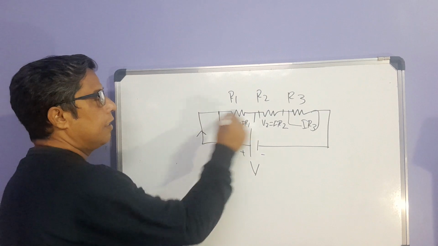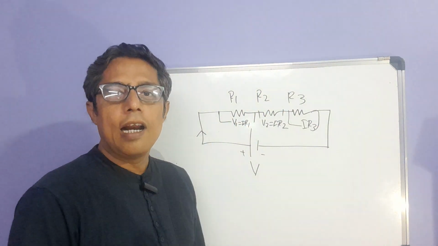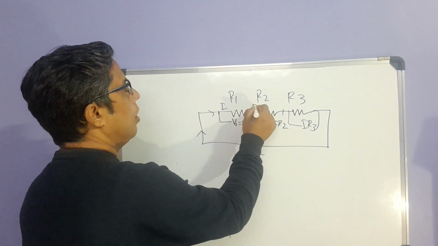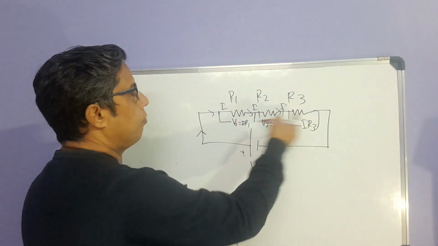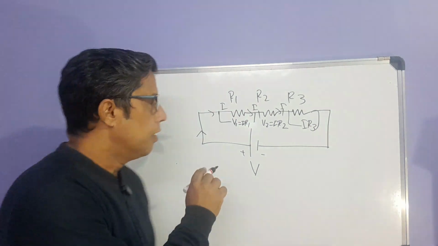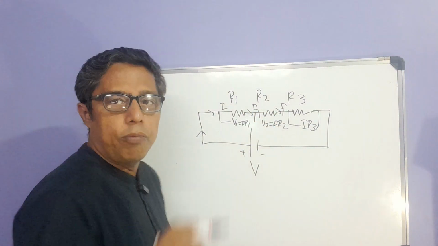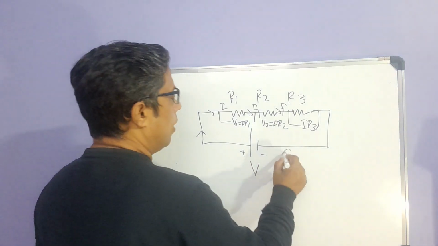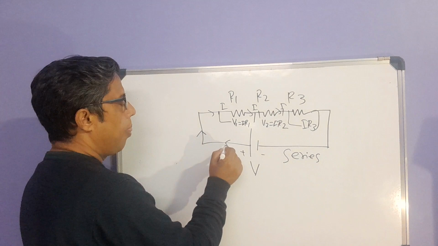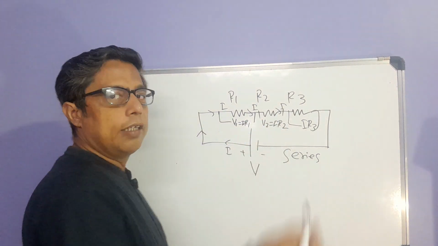So what happened in this circuit? The current is fixed. The same current I is going through all the resistances. There is no change in current in this circuit. This is very important. This is a series circuit. The same current will flow in all the resistances.